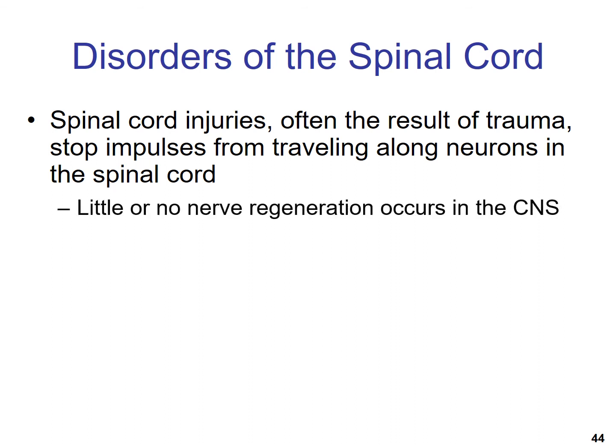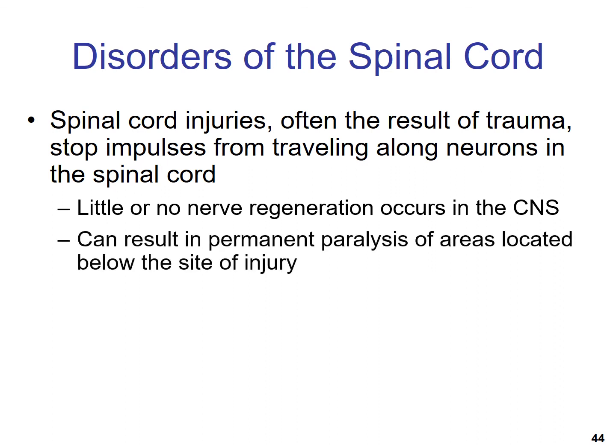The problem with spinal cord injuries is something I mentioned in a previous PowerPoint: Schwann cells can help with nerve regeneration in the peripheral nervous system, but in the central nervous system you don't have Schwann cells, you've got oligodendrocytes, and they don't bother to help out with nerve regeneration at all.